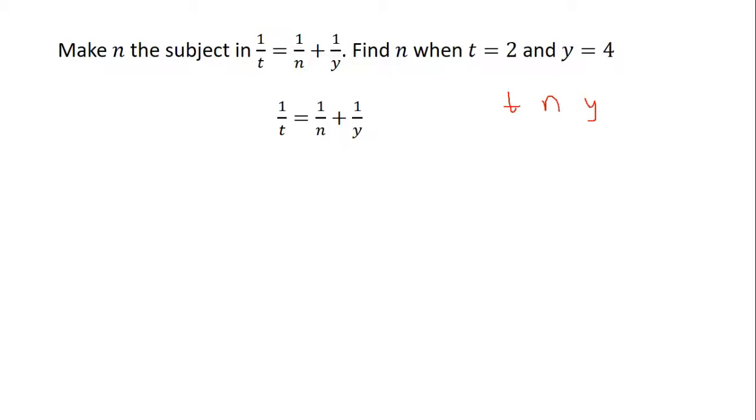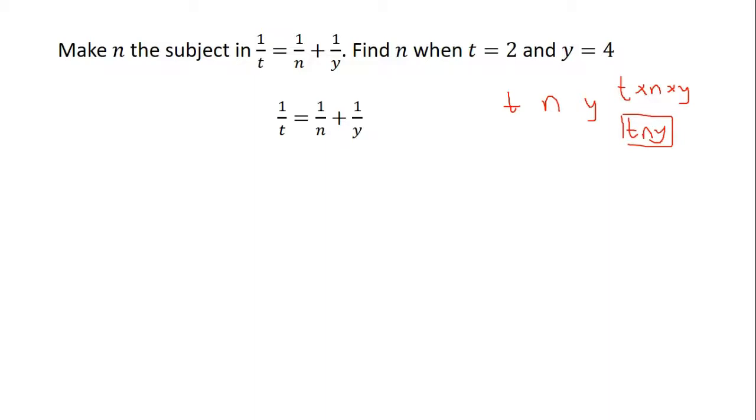So here the LCM we are going to use is going to be t times n times y. This will be our LCM. Now in algebra, we usually don't write multiplication, so t times n times y will be written as tny.